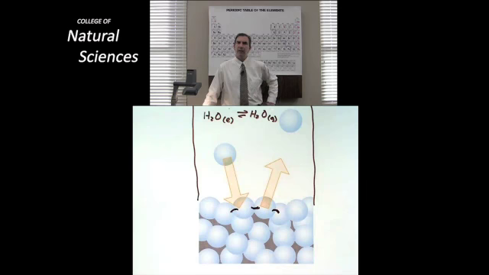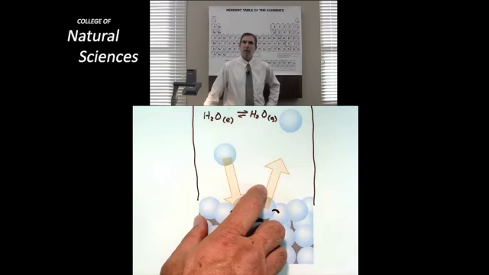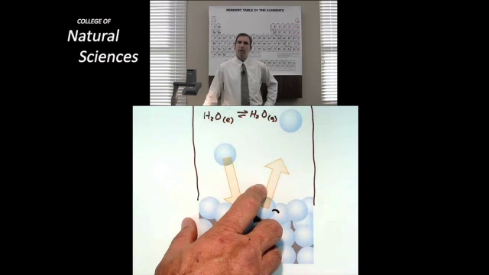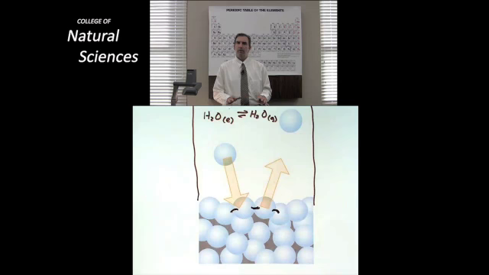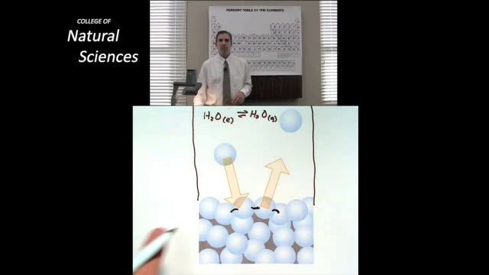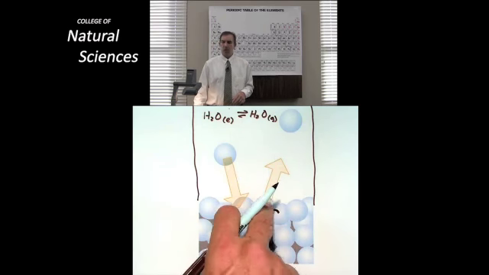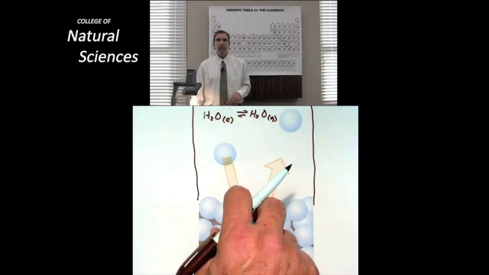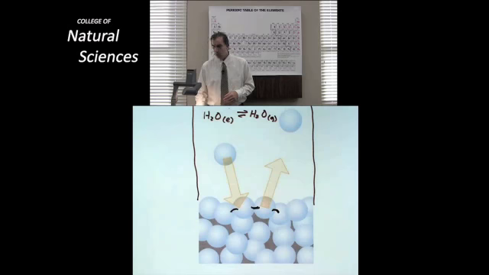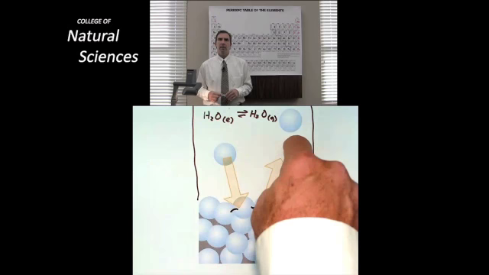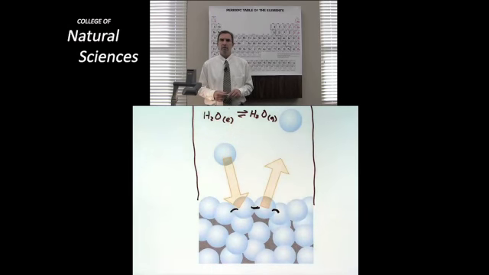Notice that I've upset my equilibrium. Once I turn the temperature on here, I'm no longer at a constant temperature. And because the temperature isn't constant, I'm going to see a direction in which these molecules are going, which is toward more gas being formed. So increase the temperature, I break more of these intermolecular forces, I get more of these balls up into space, I have a higher vapor pressure.